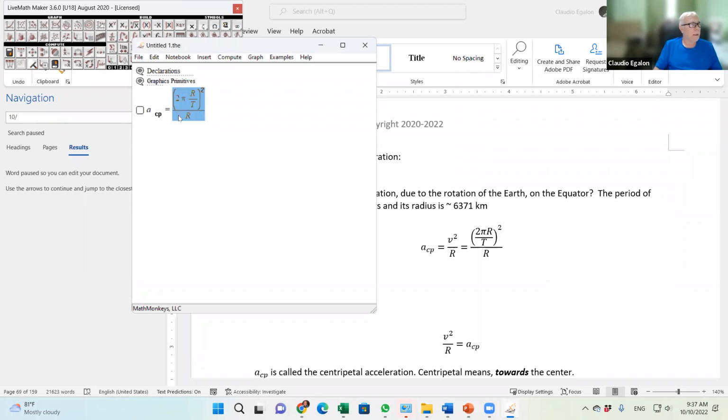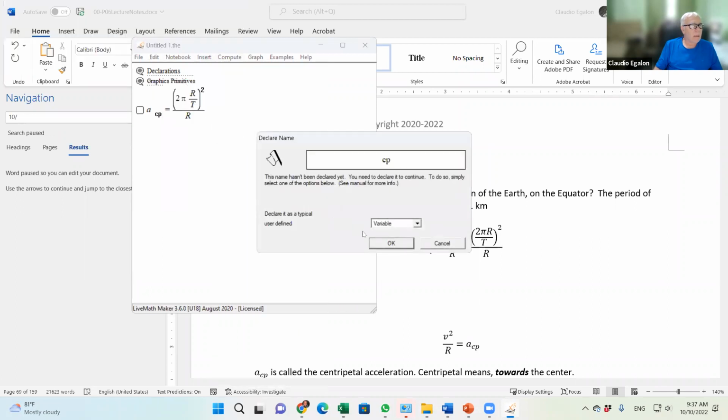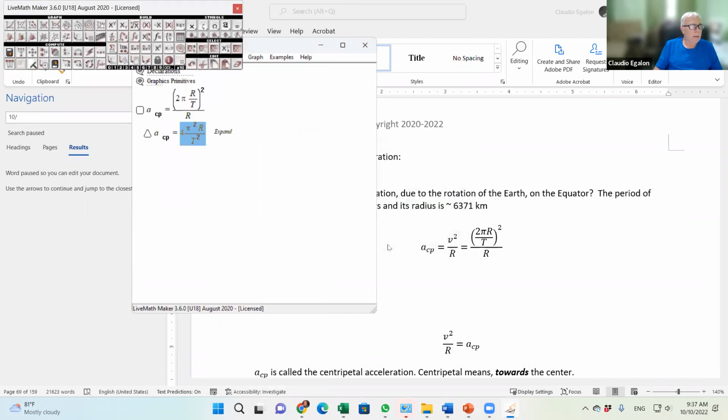I'm going to expand everything. Do you see what happened here? The 2 was squared, the pi was squared, the r was squared, but the squared r cancels out with r. That's why I have a single r here, divided by T squared, right?